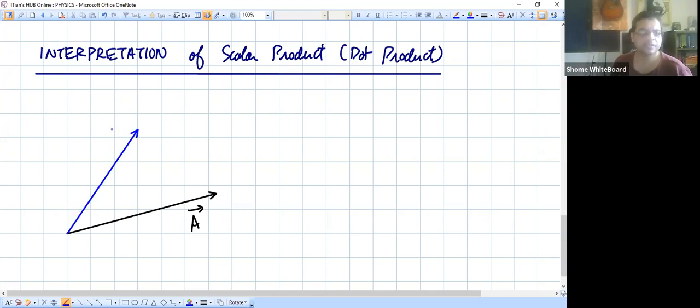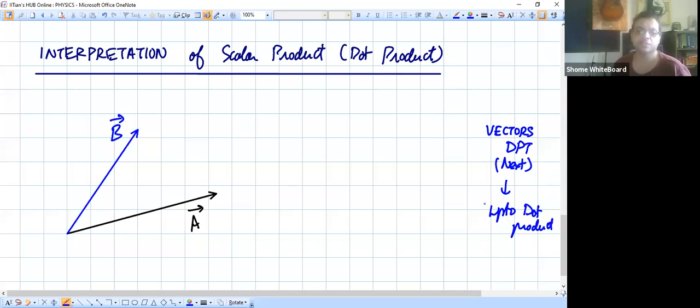Achha, you people don't have vectors DPT? See, I'm not sure which batches are having vectors DPT. Whenever it happens next, for you it will be up to dot product. If it is not happening this weekend, it will happen the next weekend.